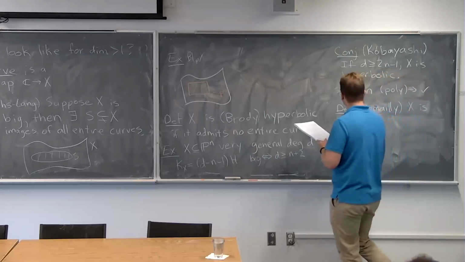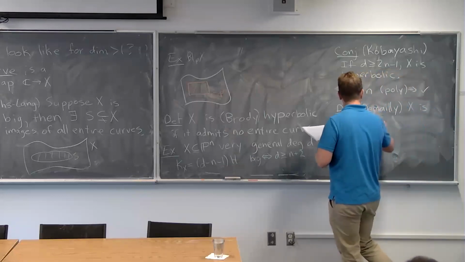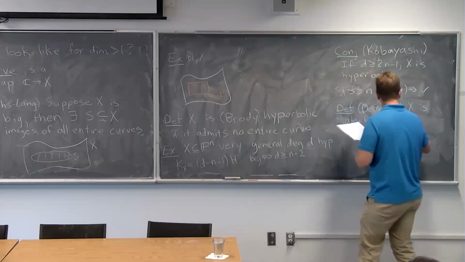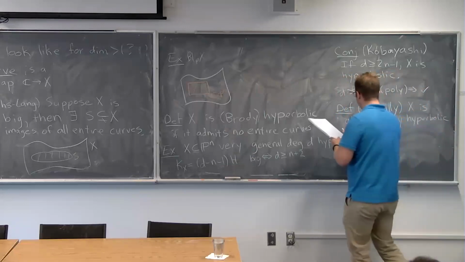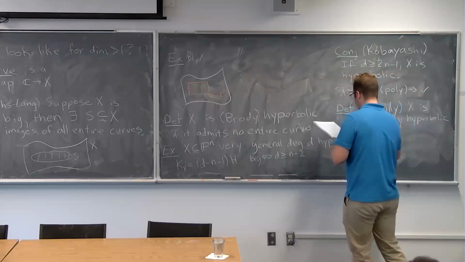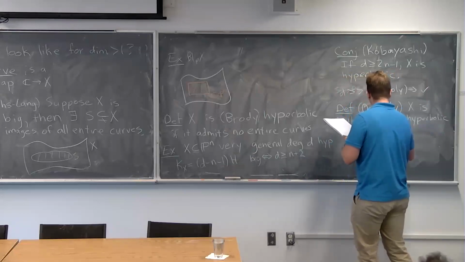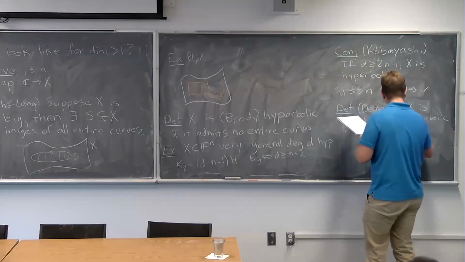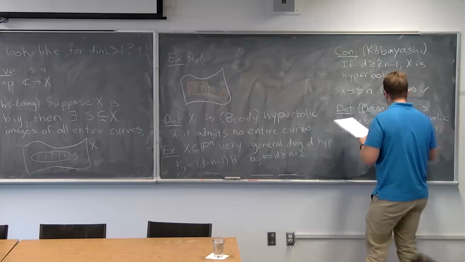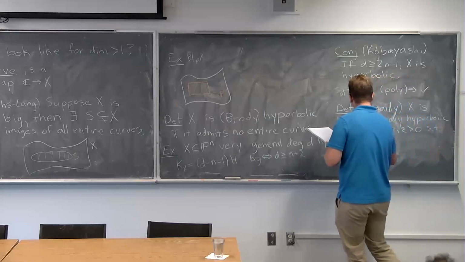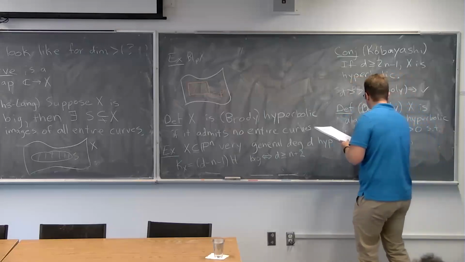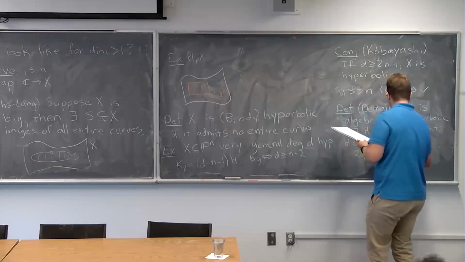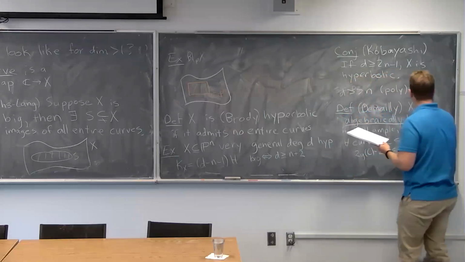He said X is algebraically hyperbolic if there exists just some choice of ample divisor H and an epsilon positive, such that for all curves C in X, 2g minus 2 is at least epsilon times C dot H. That is the definition of algebraically hyperbolic.